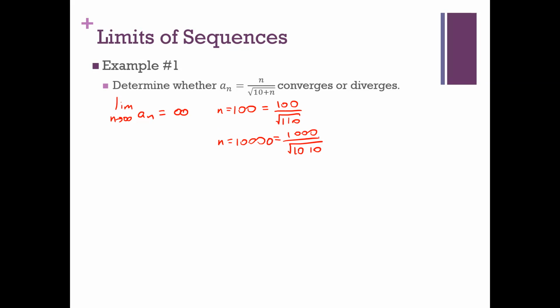I'll make it 10,000 because it has an easier square root to think about. So this will be something like 10. This will be something like 100, right? Not quite as big as 100, but basically, you pick whatever large positive number you want. I can find an n value such that that term of the sequence is even bigger. This thing is not going to do it.